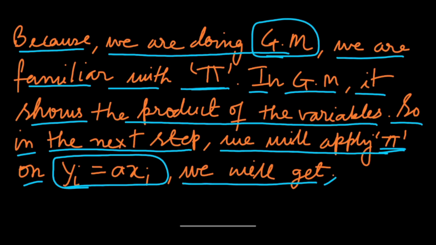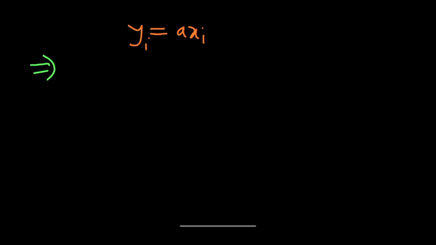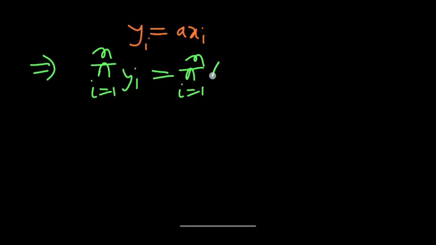After applying pi on both the sides, we get the product for i equals 1 to n of yi equals the product for i equals 1 to n of axi.